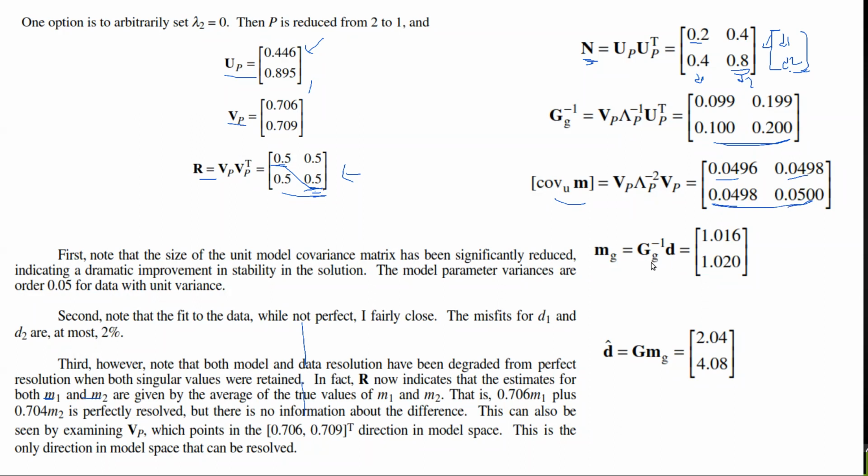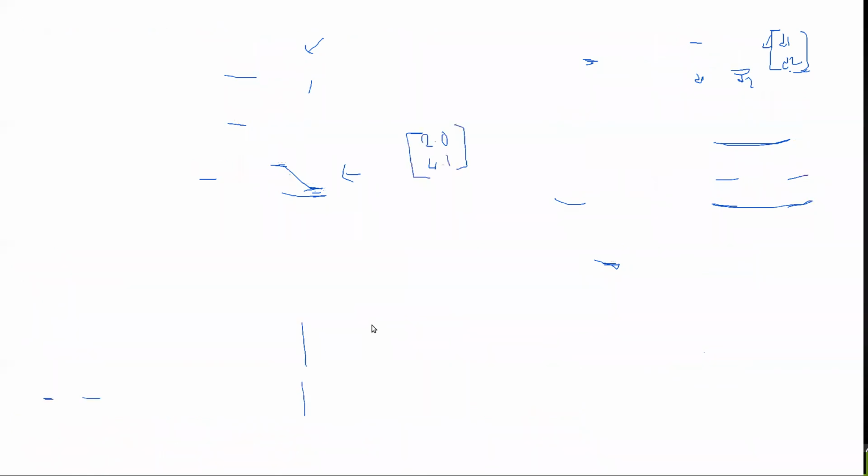Now, if we compute G times the solution, you see that once we use this estimate to predict the data, it is closer to the observed data. Remember, the observed data was 4.1. So these are some of the analyses you do. That's it for today.